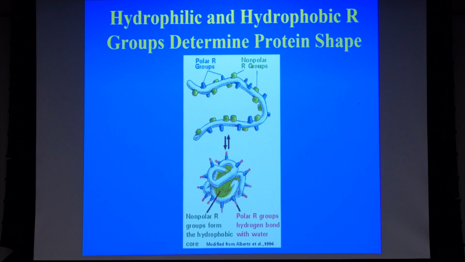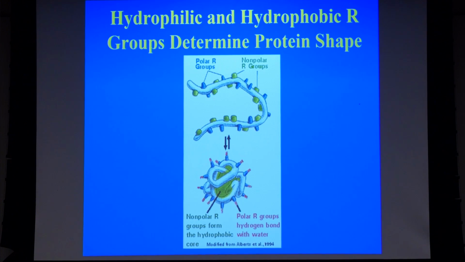And when this protein now folds up on itself, the lowest order state with respect to water is for the hydrophilic R groups shown in blue to interact with the dipoles on water, and for the hydrophobic R groups that are green to turn inward and interact with one another. This now generates the first level of three-dimensional shape of the protein. So you now begin to see how this protein reaches its lowest thermodynamic state simply by the interaction of the hydrophilic and hydrophobic R groups interacting with water or not.